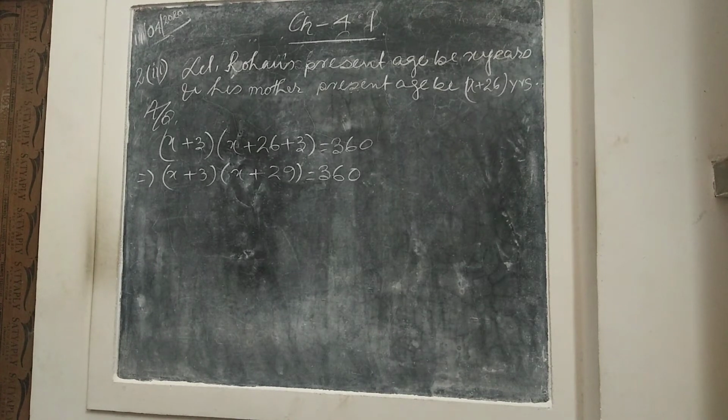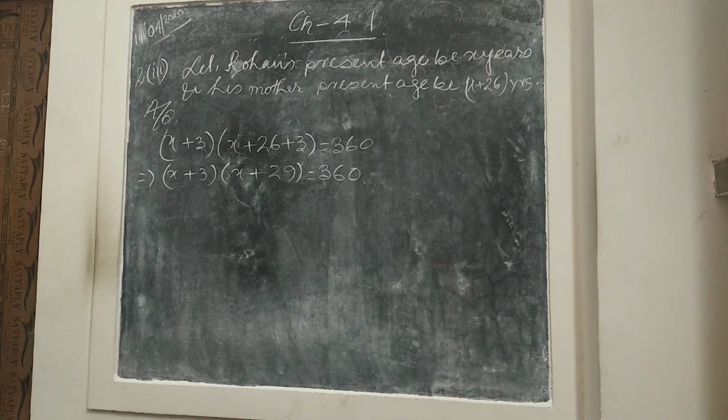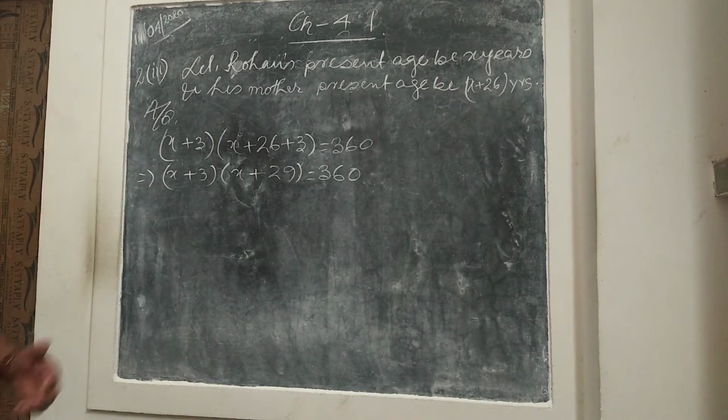The next one is: a train travels a distance of 480 km at a uniform speed. If the speed had been 8 km per hour less... I think all of you have written it. Okay, so let's see.